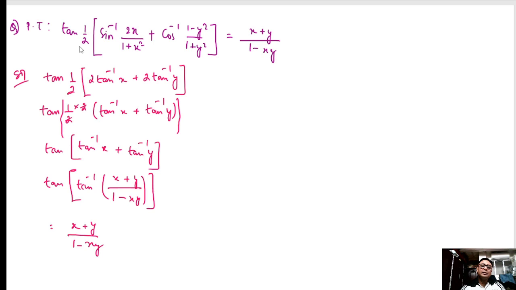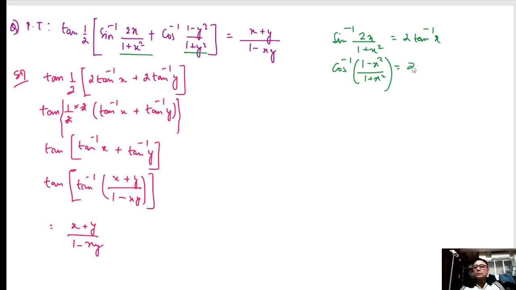Similarly, see this and this. Please note that sine inverse 2x by 1 plus x square is the formula of 2 tan inverse x. Similarly, cos inverse of 1 minus x square by 1 plus x square is also the formula of 2 tan inverse x.